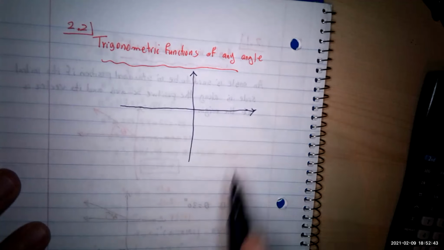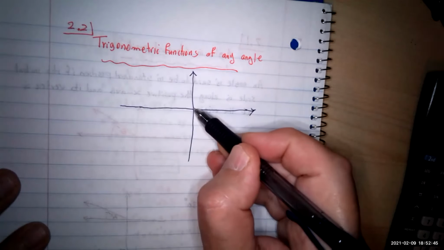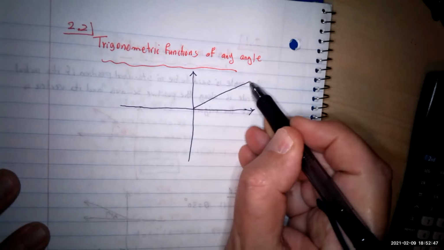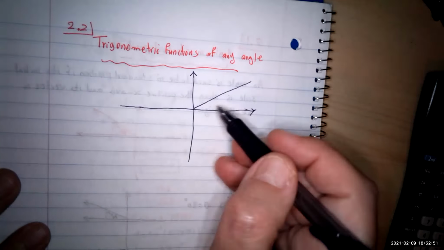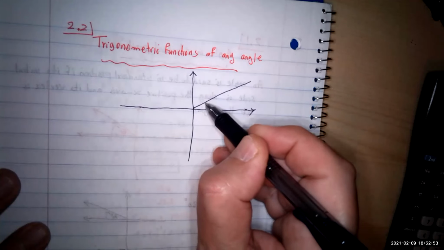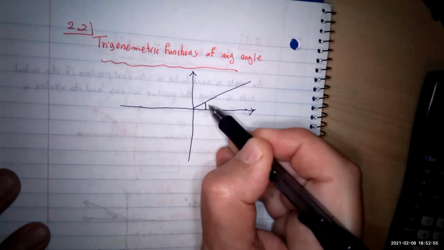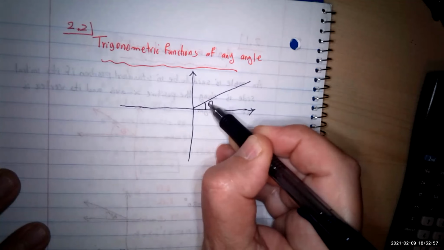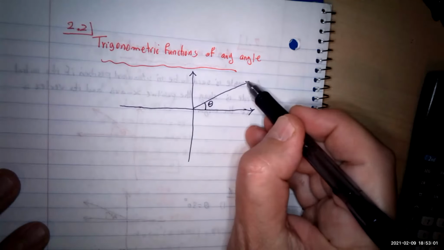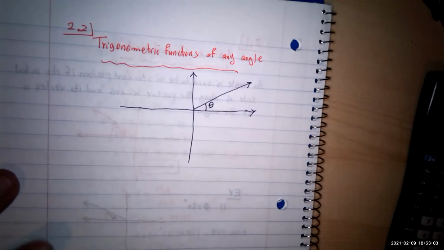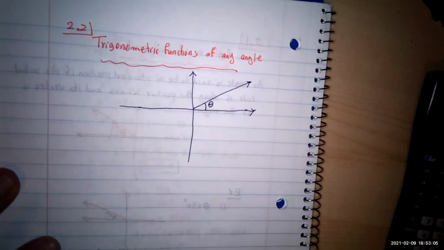Suppose you pick this angle, the one you are interested in. This angle is the angle theta, and it terminates in the first quadrant.